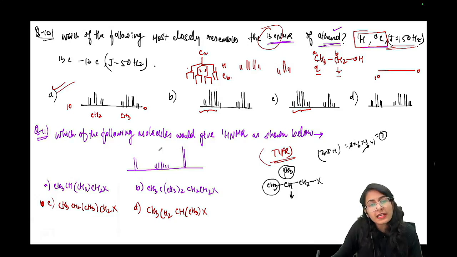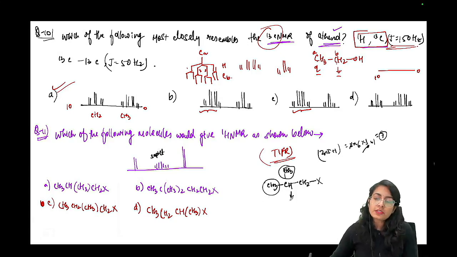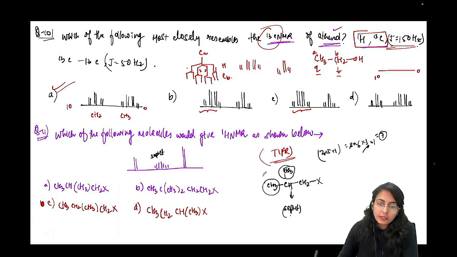So these small lines are nothing but a septet. So this hydrogen is going to be a septet, and it is going to split these two methyls into a doublet. So we are having this doublet, the longer doublet for 6 hydrogens.